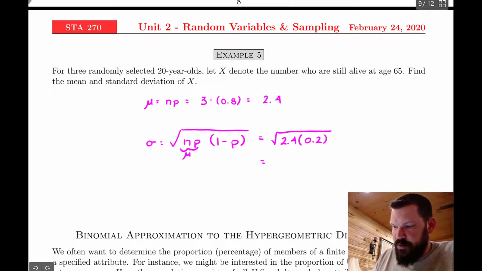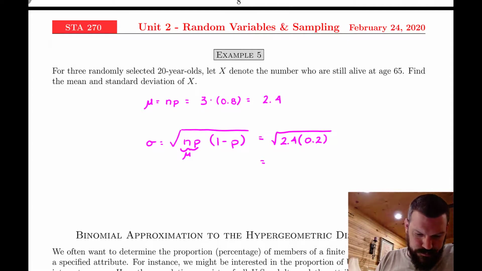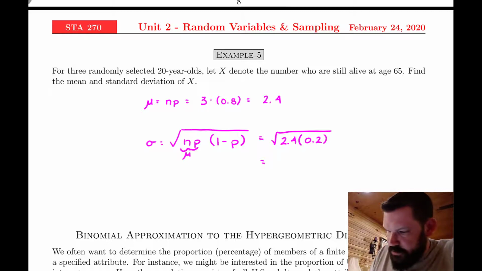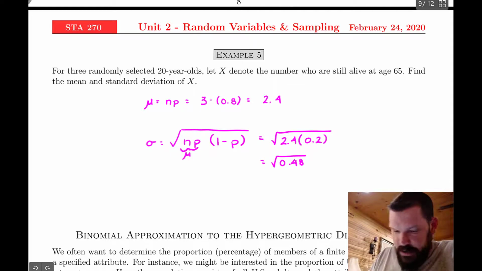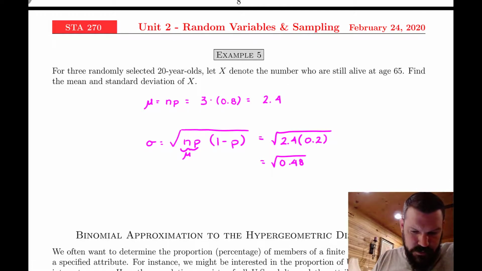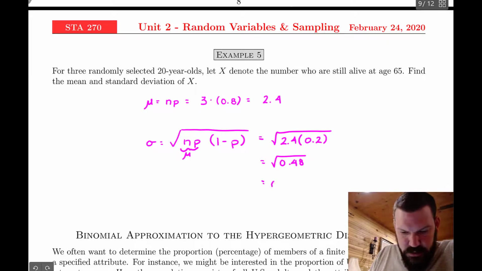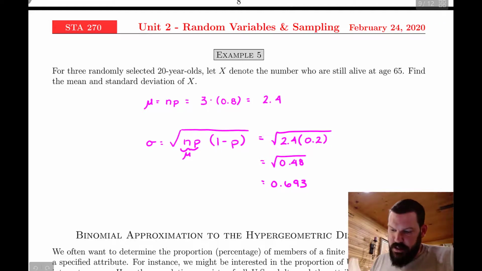So we get 2.4 times 0.2, which is 0.48, and when we take the square root of that, it is 0.693. So there's our standard deviation.